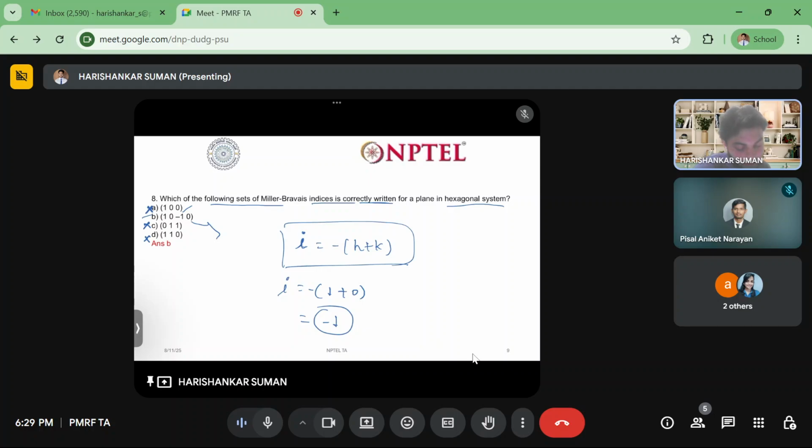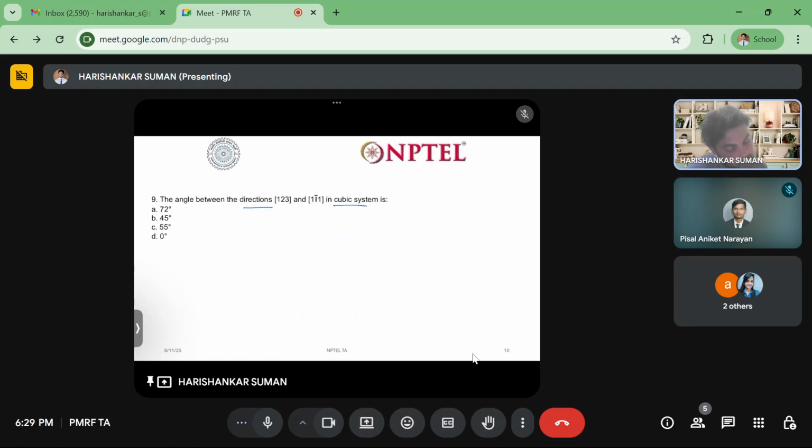Now the next question: the angle between two directions in a cubic system. Please find out the theta. Let's say UVW, so U1, U2, and so on, with u2 square, v2 square, and w2 square.